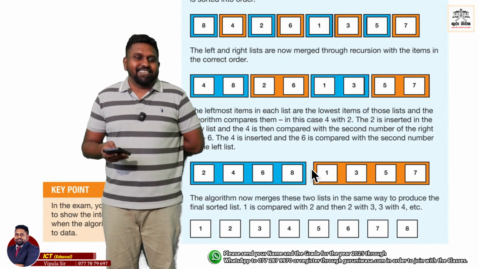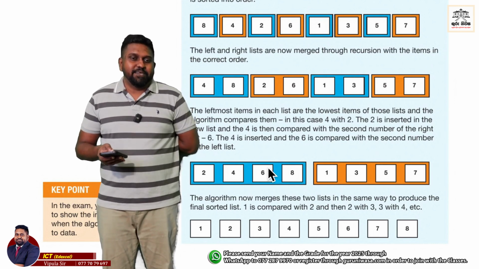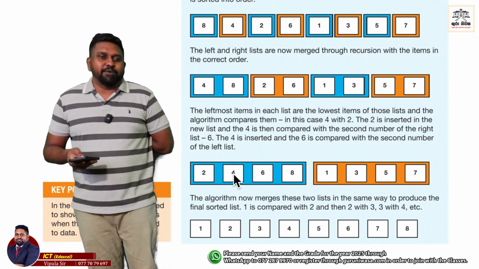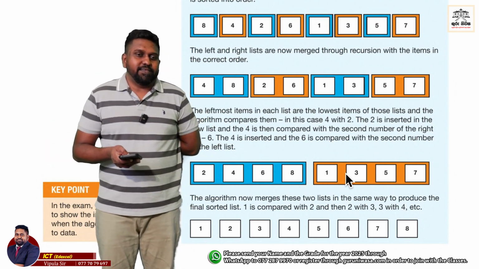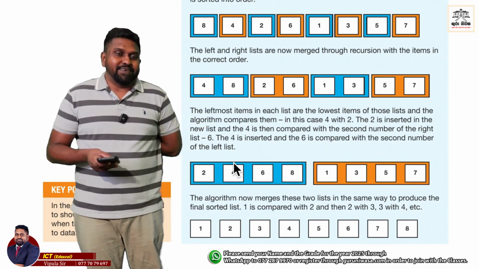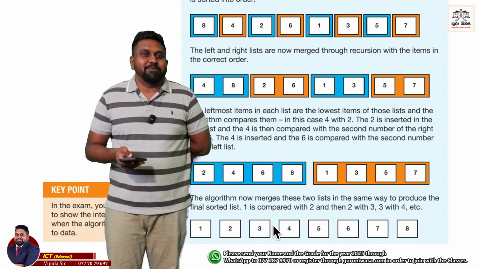Now again we run the same recursion. When we split it into two parts, one part is in exact ascending order, the other is also in exact ascending order, and you simply merge both together.